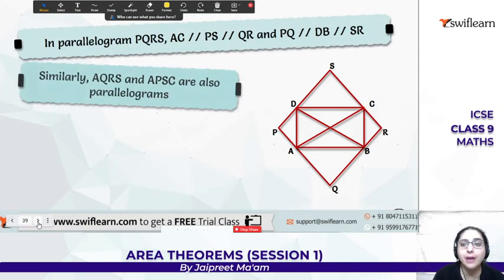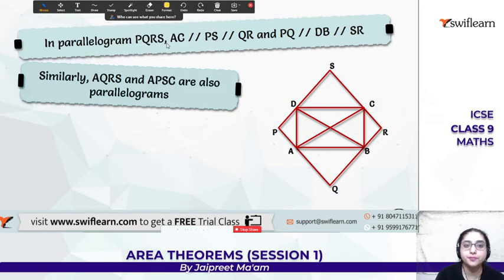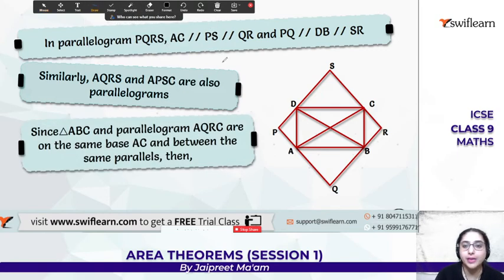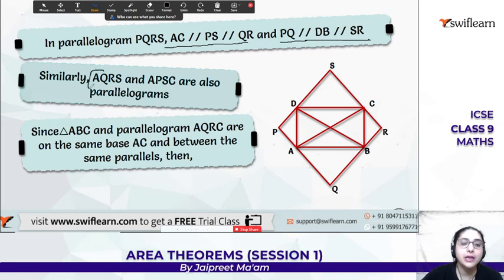In PQRS, this is given that these are parallel lines. We have AC parallel to PS and parallel to QR. Then we have PQ, DB, RS parallel. Similarly, AQRC and APSC are also parallelograms, right?